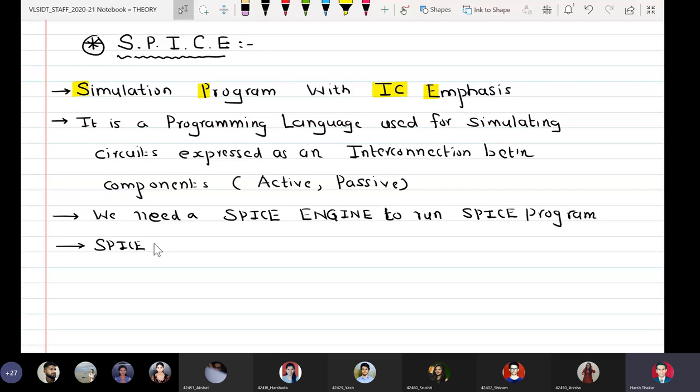The SPICE engine is written in Fortran language, that is formula translation.